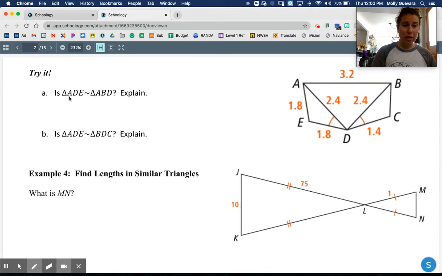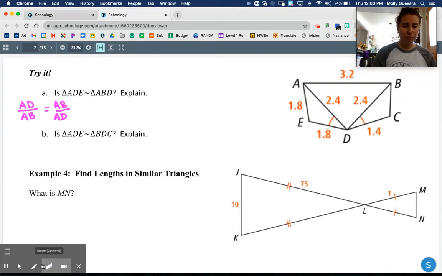So then I would have to make sure that all three of my sides are proportional. So I'm going to look, and it says that AD, maybe I'll write it this way, AD is proportional to AB. Do you guys see that? Or you can write this, AB is proportional to AD. The order does not matter, but it's these first two letters in the first triangle and the first two letters in the second triangle.